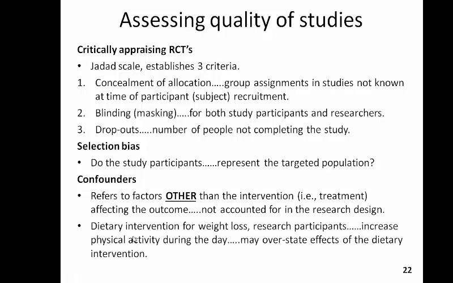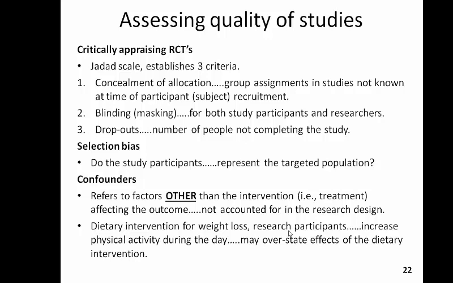As an example, if an original research study is examining a dietary intervention for weight loss and is entering research participants, inadvertently, the participants assigned to the group that received the dietary intervention may independently decide to increase their level of physical activity during the day and not mention that to the researchers.